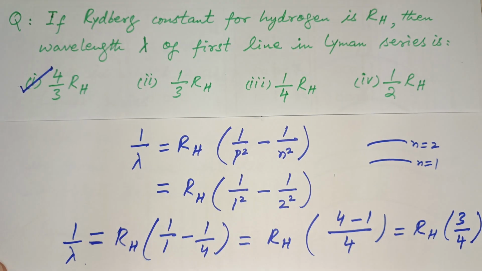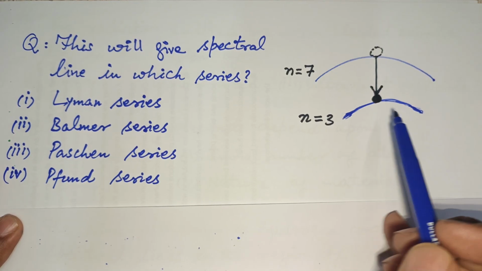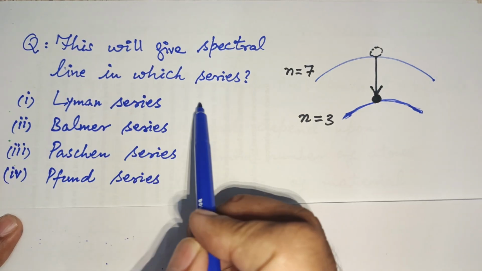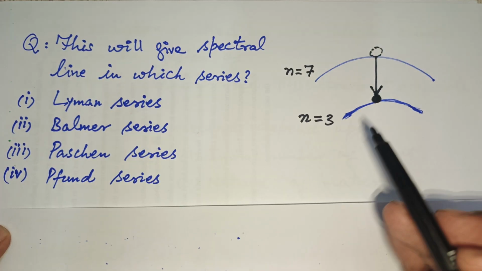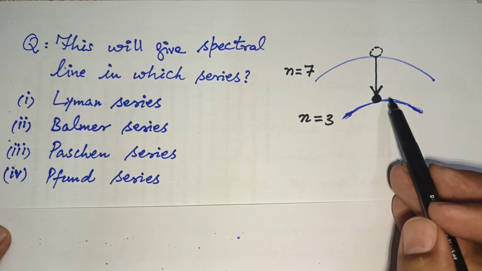Here again we have a transition, and the question asks which series this spectral line belongs to. The transition is from n equals 7 to n equals 3.